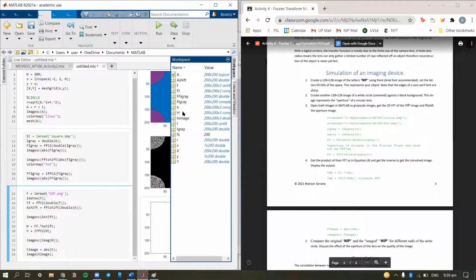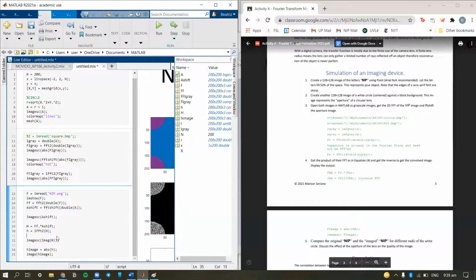Dapat complex siya, right? Capital H. Okay. And small h is also complex? Yeah. Why is it 3 by 3? Oh! Integrate. Ayun ang problema natin. Hindi natin na-integrate. RGB to gray. Integrate muna natin. Kaya pala.